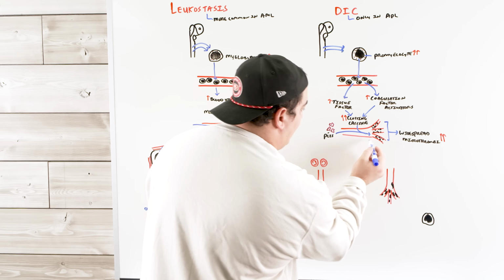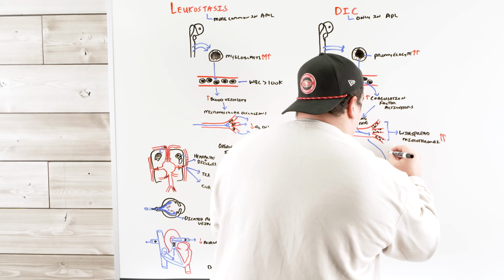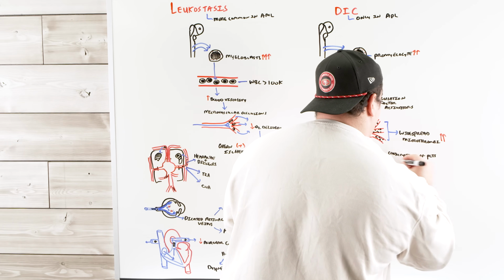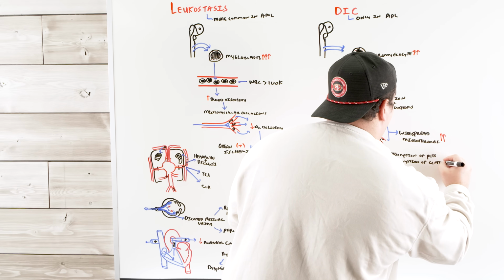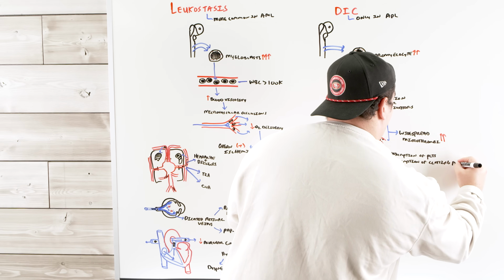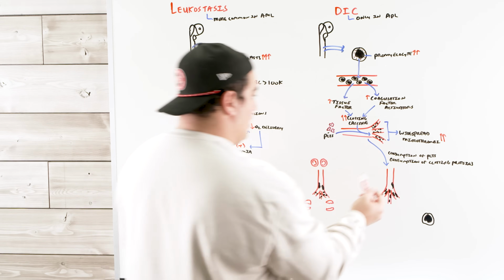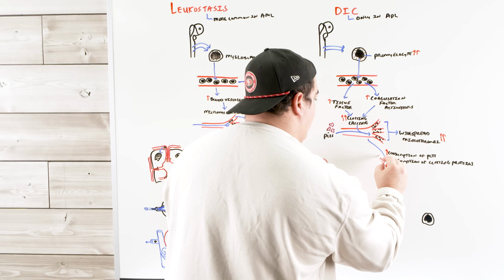So what ends up happening here is you end up with two effects. Because of the consumption of platelets and the consumption of clotting proteins to make all these thrombi, I increase the consumption of platelets, I increase the consumption of my clotting proteins.